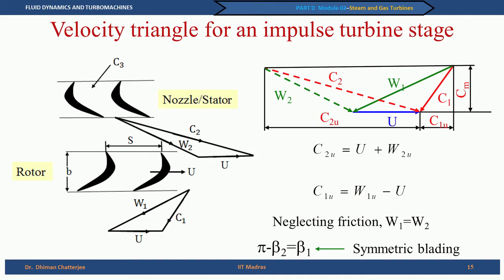This is valid because of the nomenclature that we have used, the sign convention of beta we have used. You can get similar symmetric blading conditions in another way if you use some other way of denoting the blade angles.